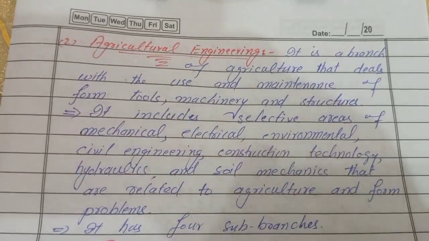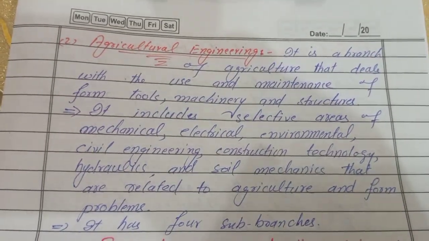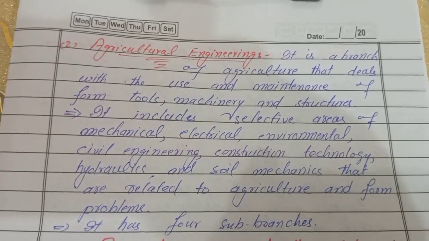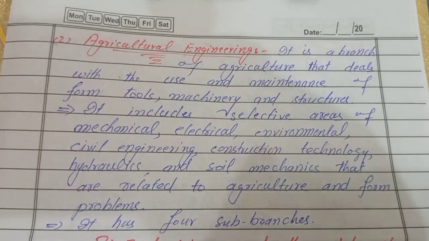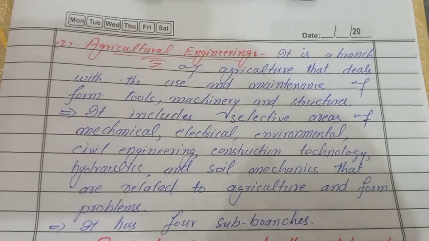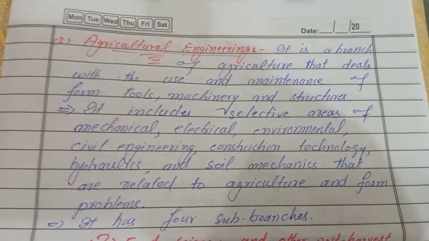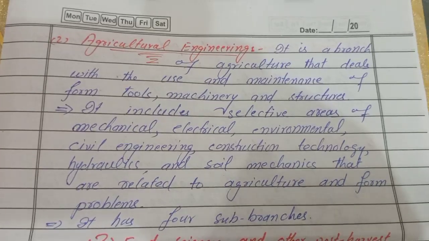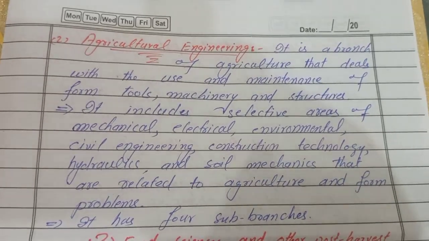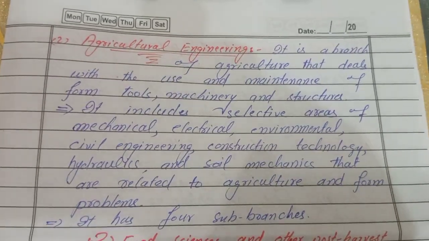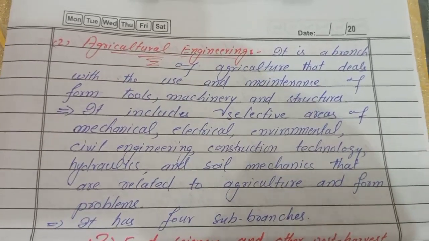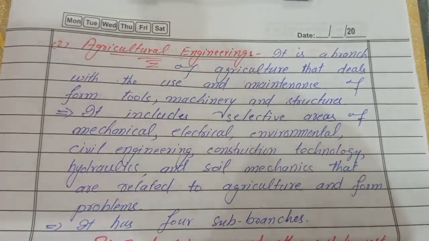The third minor branch of agriculture is agricultural engineering. It is a branch of agriculture that deals with the use and maintenance of farm tools, machinery, and structures. It includes selective areas of mechanical, electrical, environmental, civil engineering, construction technology, hydraulics, and soil mechanics that are related to agriculture and farm problems.